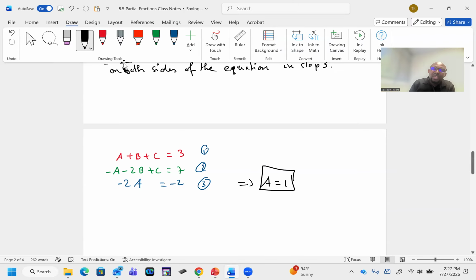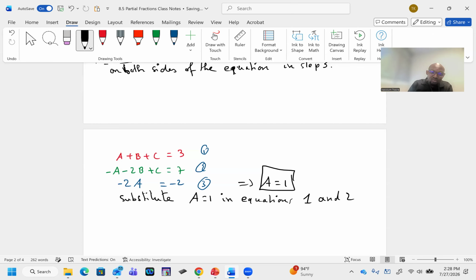So since a is 1, we can substitute a is 1 in the other two equations. So if a is 1, we will have what? Let me write in equation 1 and 2.